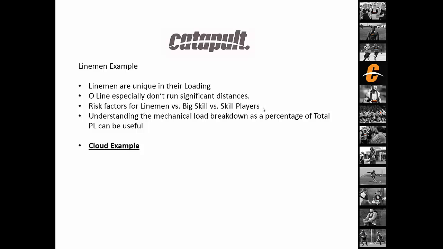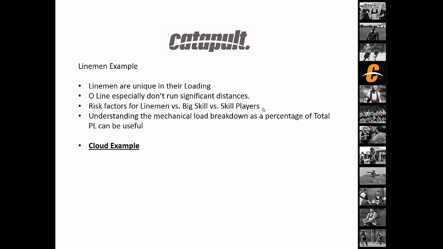And if we start to really get away from what is normal as a percentage of the total player load, that can start to be a flag. If we're usually seeing 70% of the lineman's load coming from over 2, okay, well, that's good. Now we start to see that drop down to the 40% mark. Well, that can be a flag that a significant amount more of his total load came from running around.